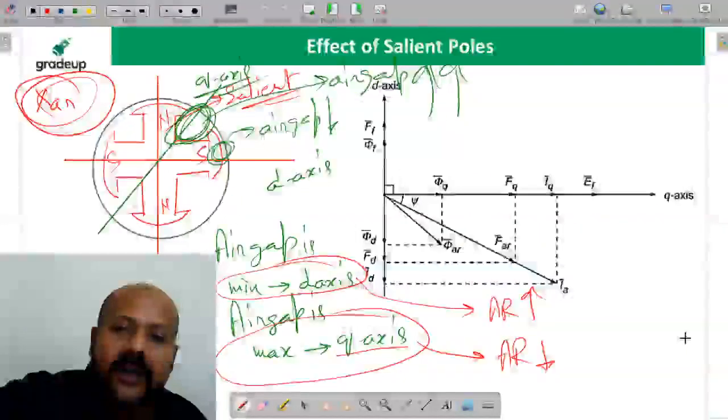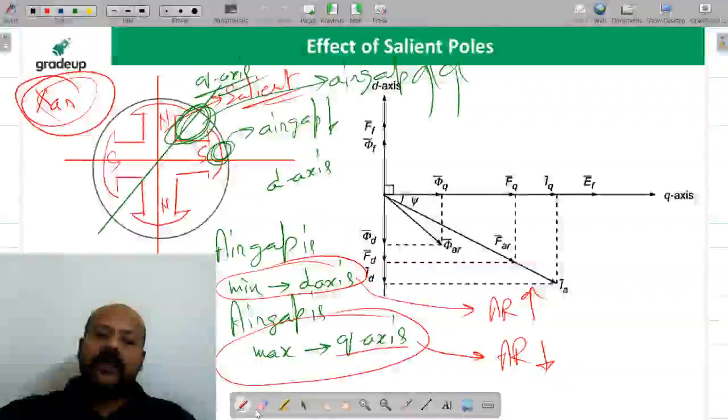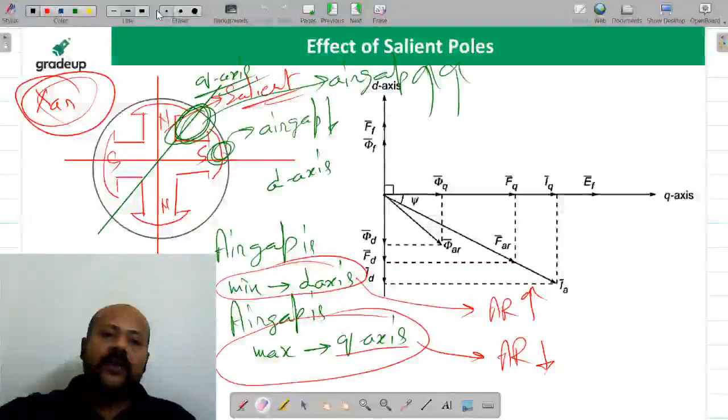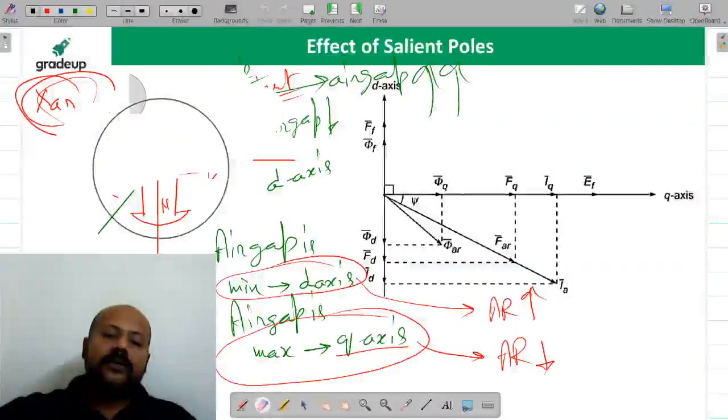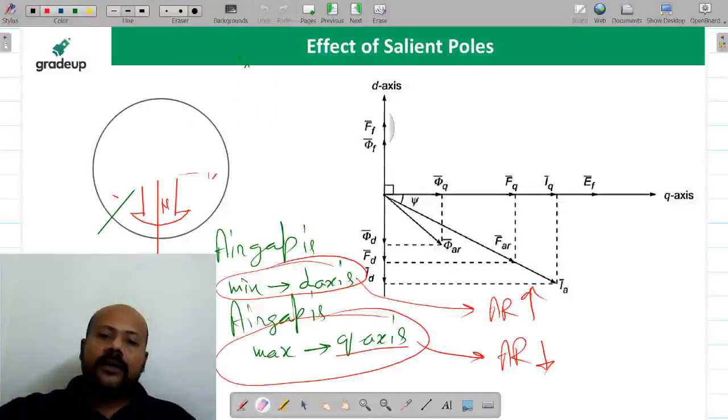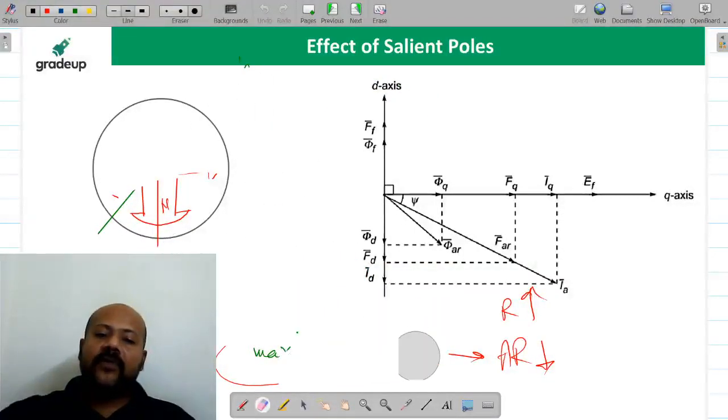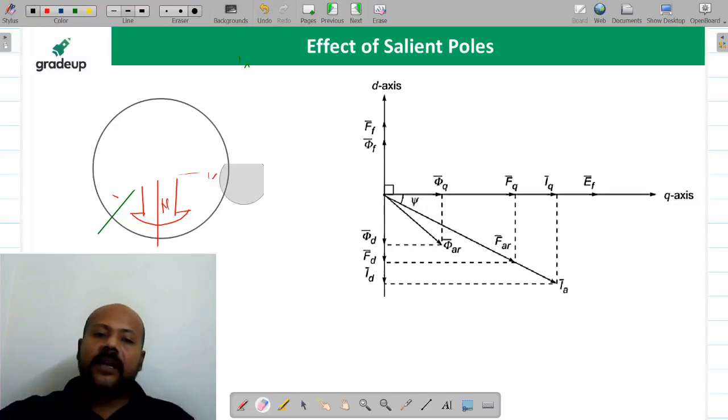Now beta, you just see this diagram. This diagram is going to be very important and you will understand everything. You just see here. This diagram, if you understand, then the rest of the salient pole, all the phasor diagrams, everything is going to be very easy for you.